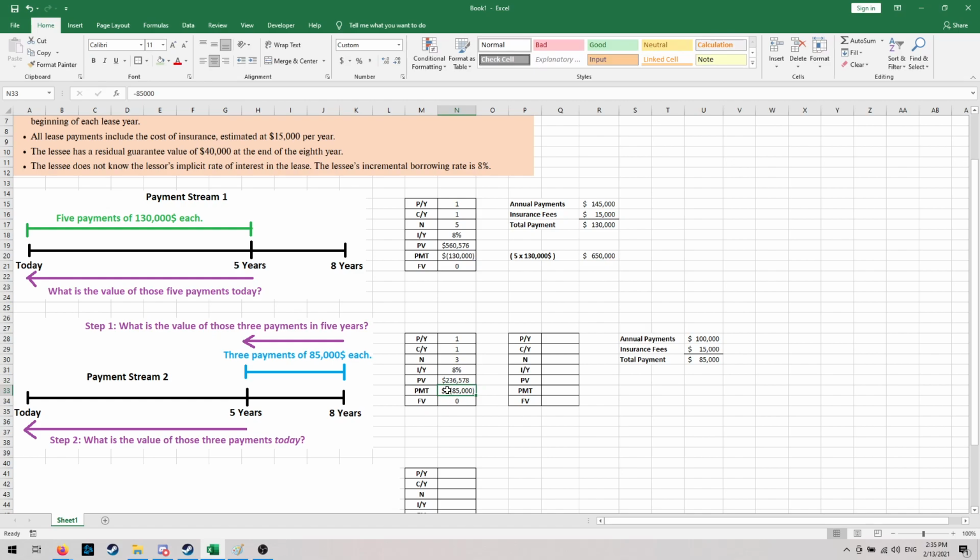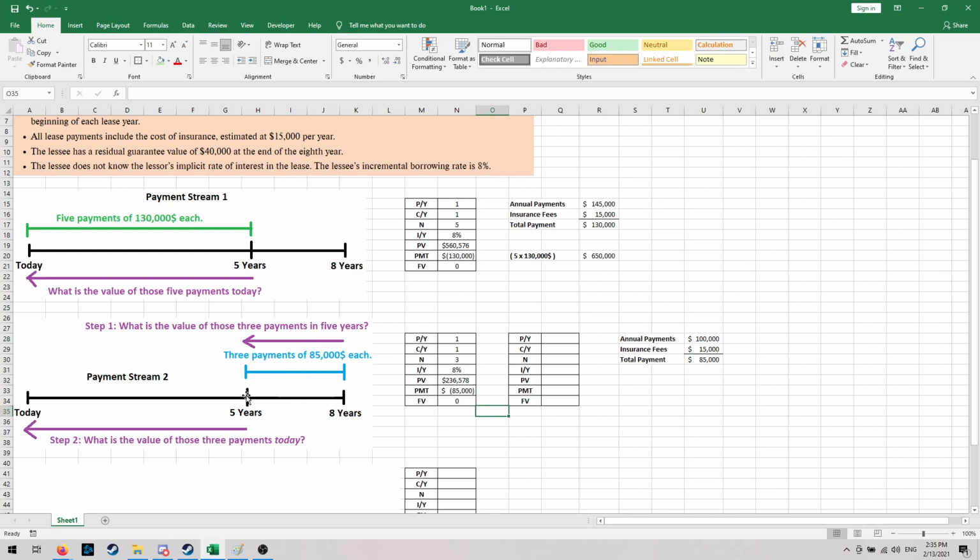And we're going to see that this is roughly equal to $236,578. But we're not quite at today yet. We've moved back from 8 years to 5 years. So at this 5-year mark, we would need this $230,000 to pay off each of these $85,000 payments.